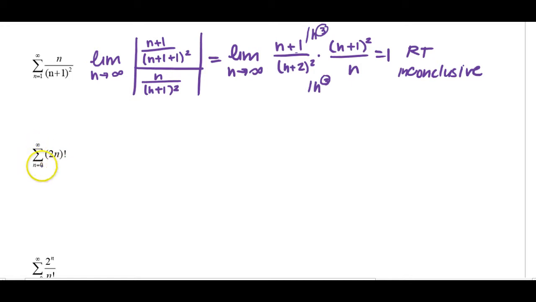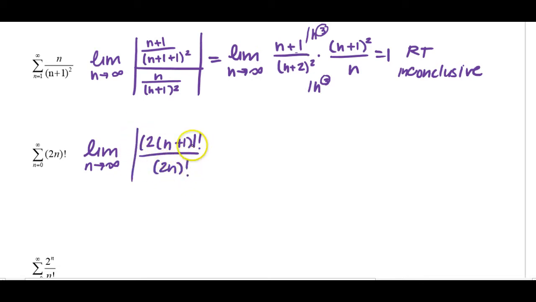I have the sum of n equals 0 to infinity of the quantity 2n factorial. So we're going to do the limit as n approaches infinity of 2 times n plus 1 factorial over 2n factorial, and all of this in absolute value bars.